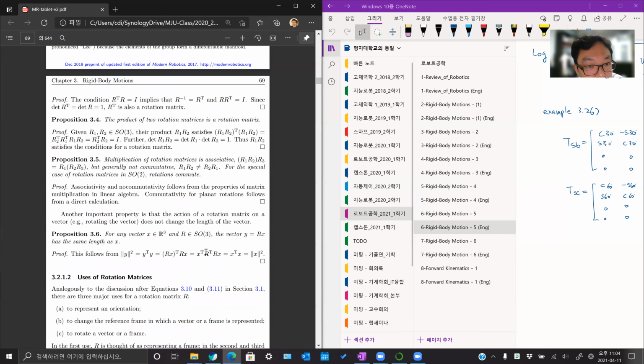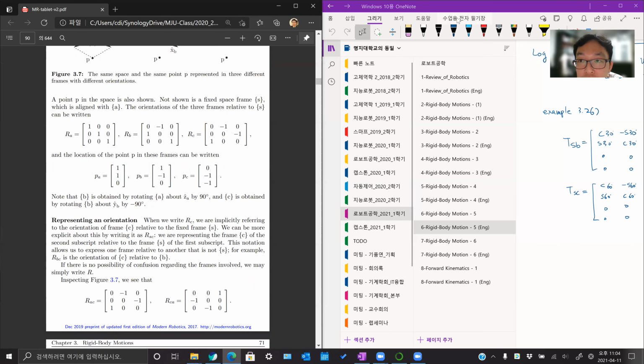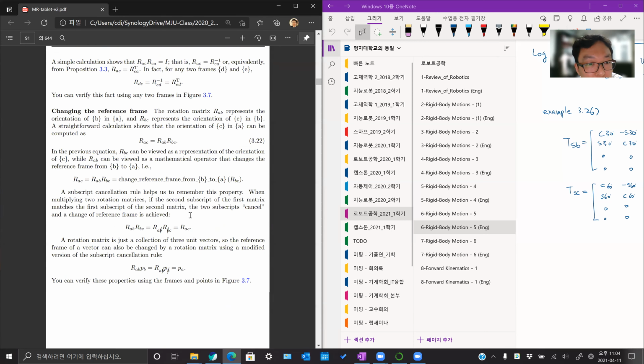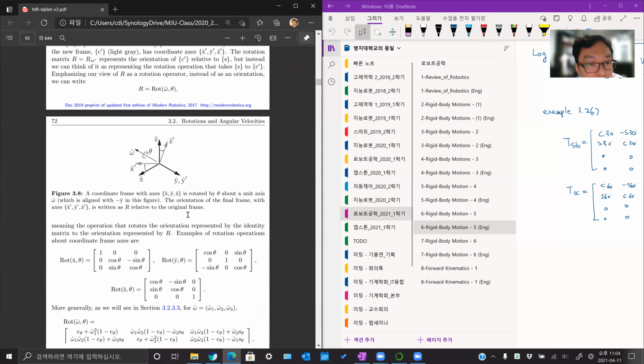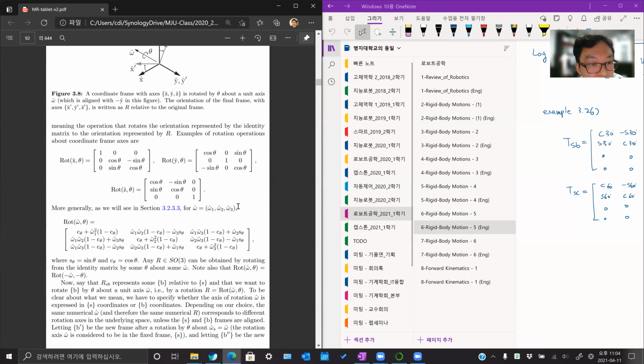And the rotation matrix can be parameterized by 3 values. So that is the angular velocity vector. So using this vector, we can represent the rotation matrix. So in the case of the head symbol, it represents the unit vector.